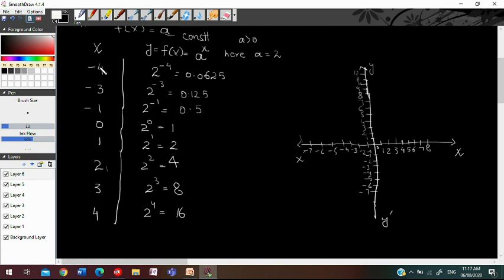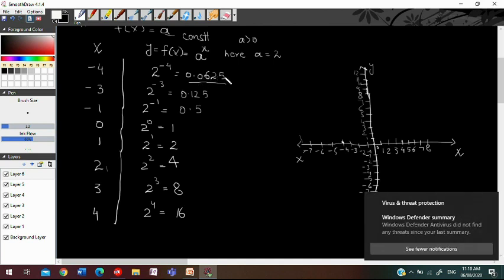When at x we have -4, where is the -4? This one is the -4. This is the x-axis, this one is the y-axis. So when you have -4 on the x-axis, what is the corresponding value? This one is the corresponding value, and that is 0.0625.